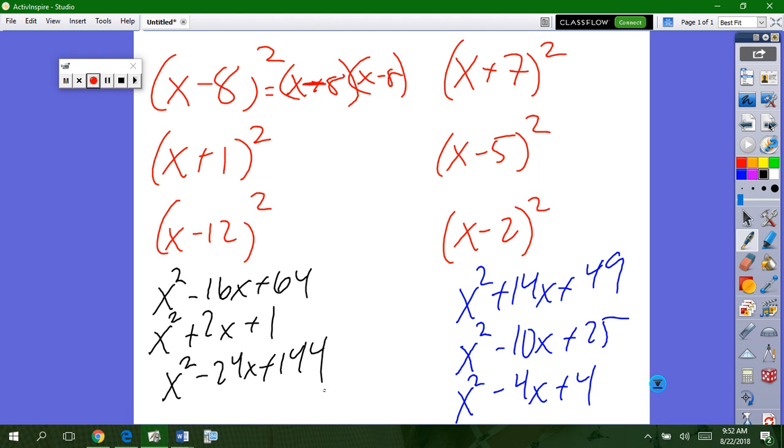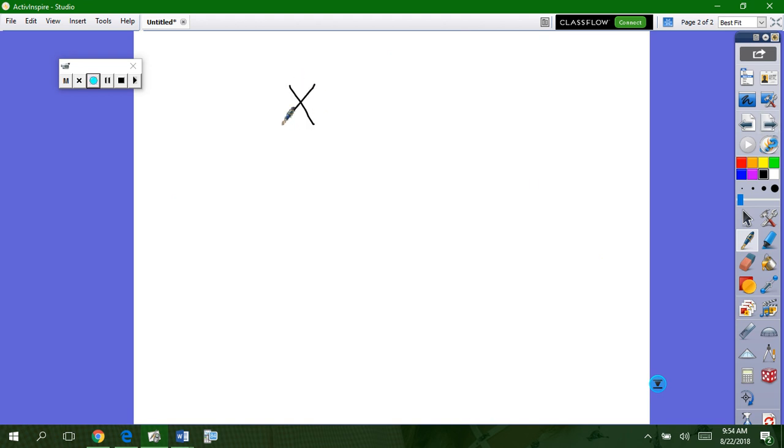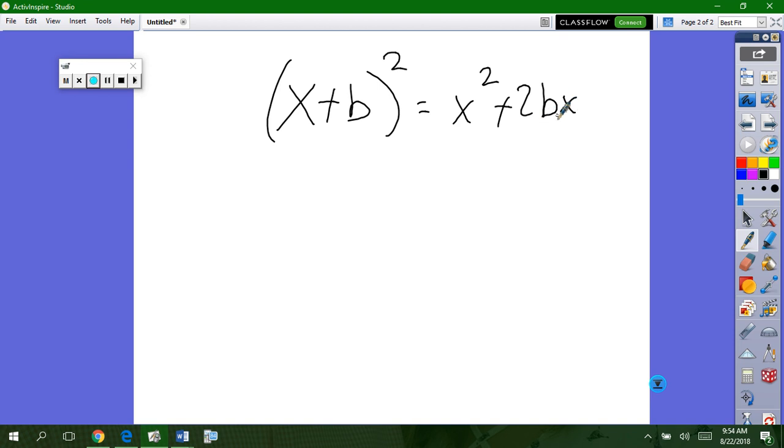So, if that's the case, what would this be? X plus b, b squared. 2b? 2bx or 2xb, right? Plus.